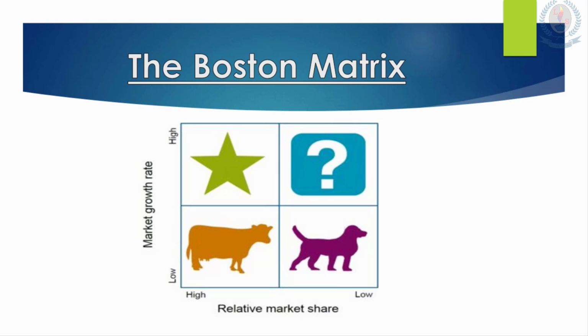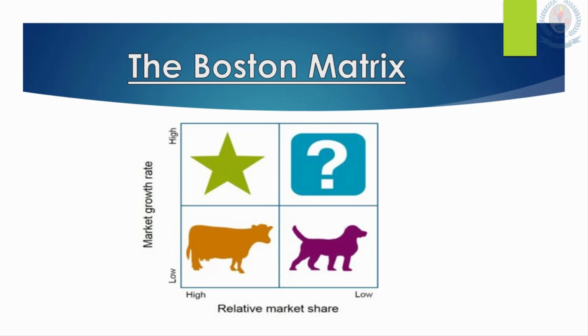Then what is the suitable picture? Which category does it belong to? The question marks. The relative market share is low, but the market growth rate is high. Then it is a question mark.